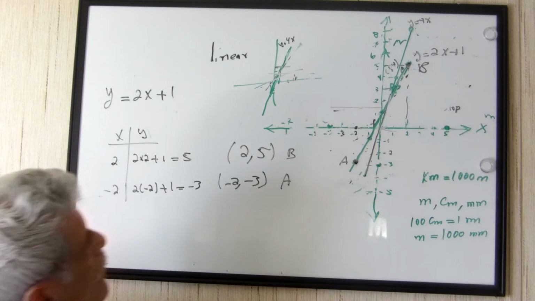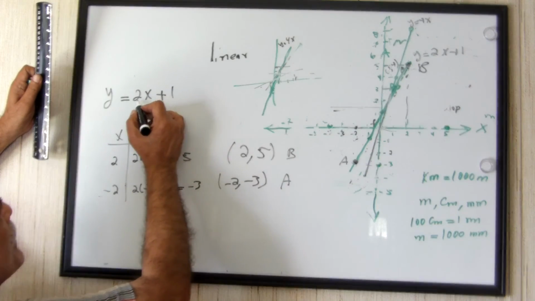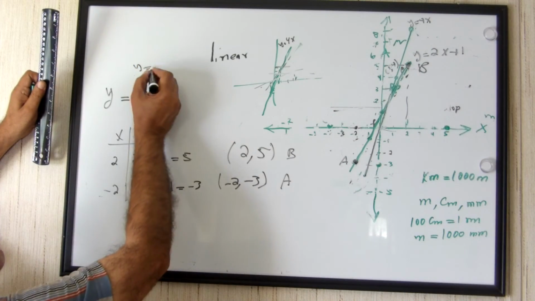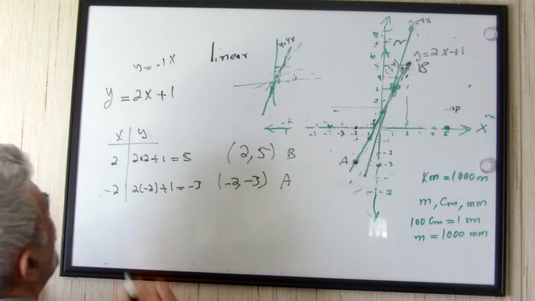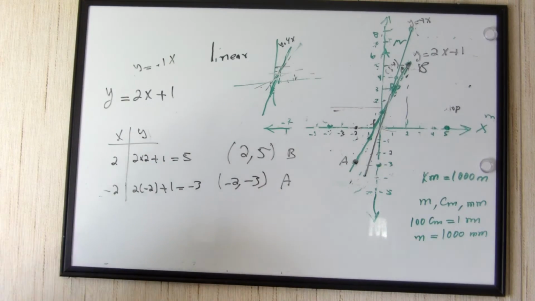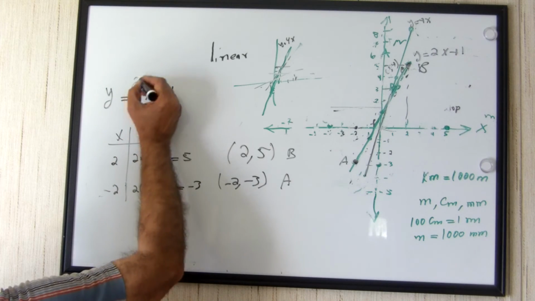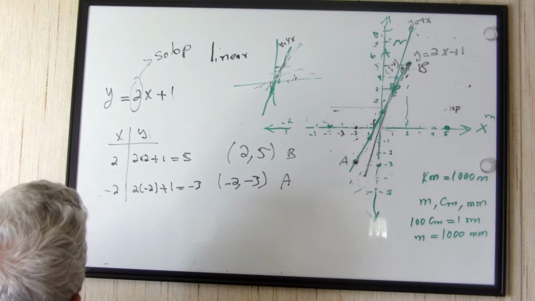As we talked about earlier, if this one increases, it is going to go this way. If it's coming this way, this is decreasing. For every x it is going to be a tenth of y, for example. Now we are going to talk about the slope. See, 2 is the slope of this function.